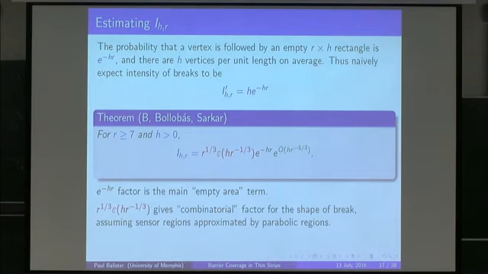This horrible mess in the front, and I haven't told you what this epsilon function is yet, gives you a combinatorial correction or an entropy correction to the result, because this is counting things that are not quite rectangular, and I'll explain a little bit why it occurs in such a strange form in a moment.